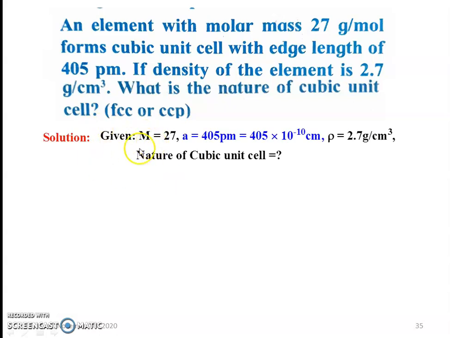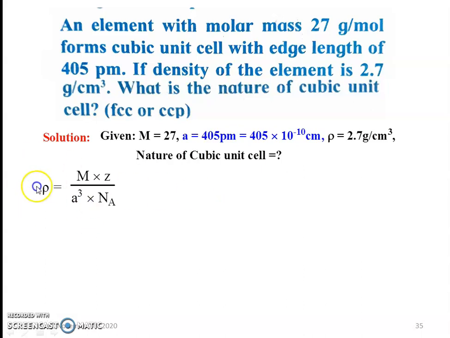This is the given. Molar mass is given, 27, edge length is 405 picometer, which is equal to 405 into 10 raised to minus 10 centimeter. Density is given, that is 2.7 gram per centimeter cube. You have to find out the nature of the unit cell.